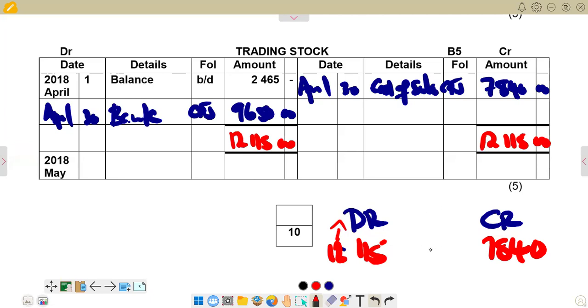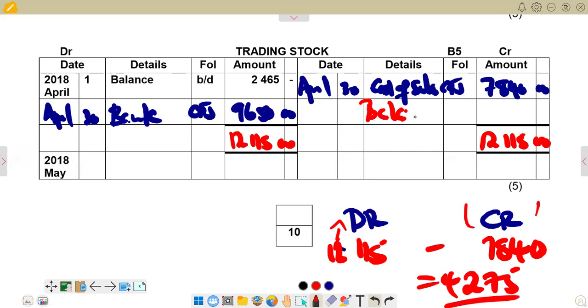And then the difference between the two, we are now saying this one minus this one. 12,115 minus 7,840, you get 4,275. Then this becomes your difference, and you put it on the side with the smaller total. The smaller total is the credit side. So that's where you're going to have our balance CD, which is 4,275.